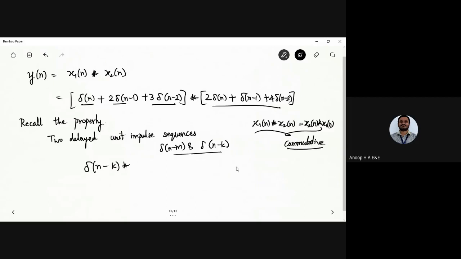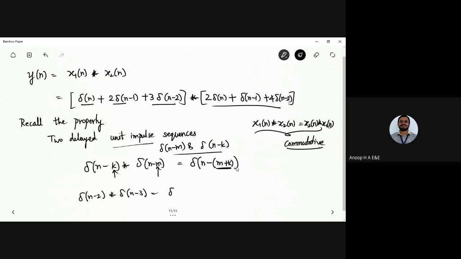Okay, so any two delta signals that are associated with a delay, so delta of n minus k convoluted with delta of n minus m, what you can generally write is the convolution as delta of n minus (m plus k). You can write it as the sum of the two delays. For example, delta of n minus 2 convoluted with delta of n minus 3.